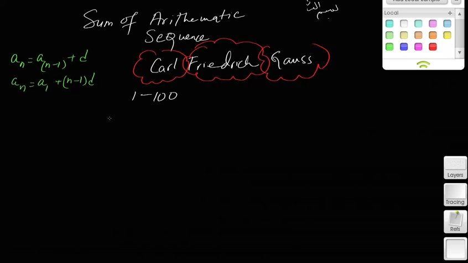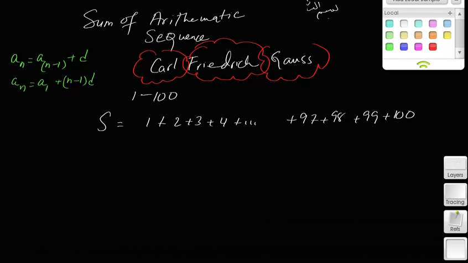In other words, find the sum of 1 plus 2 plus 3 plus 4 plus all the way up to 97 plus 98 plus 99 plus 100.